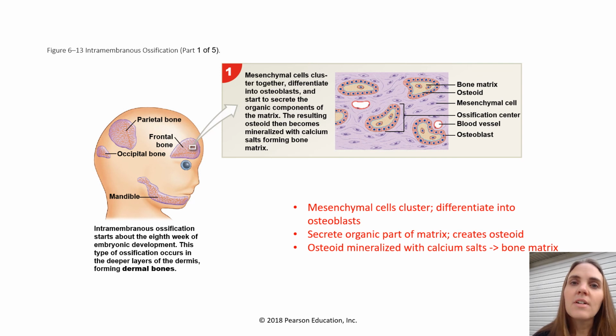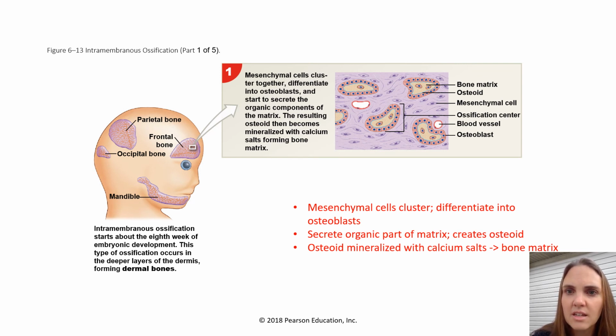So with this method of ossification, we see it begin around 8 weeks in the embryo, and we get these mesenchymal cells clustering together and differentiating into osteoblasts. They begin to secrete the organic part of the matrix. Remember, the matrix before it gets calcified is called osteoid. The osteoid then gets mineralized with the calcium salts to form the bony matrix.